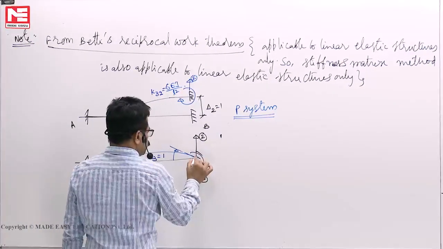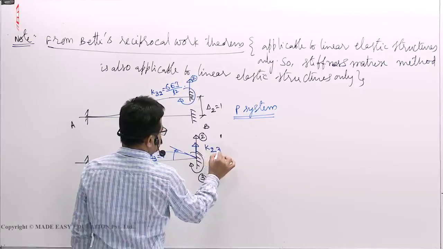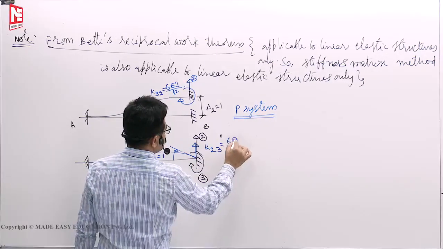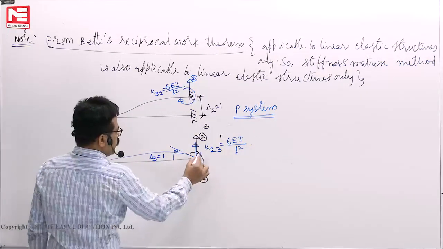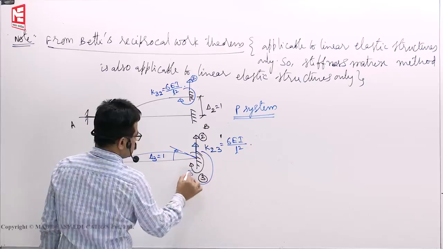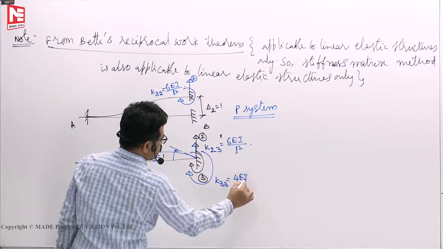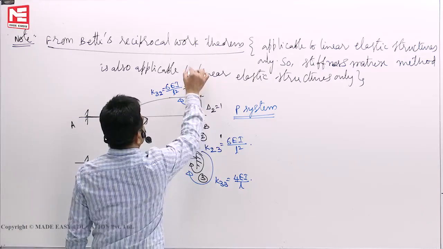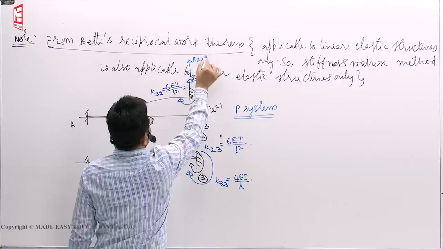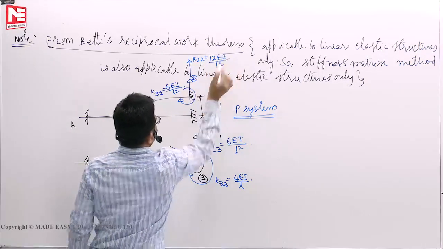Then because of that force developed here, you have calculated force at 2 because of the unit displacement, K23 is 6 EI by L square, you got it. And here force was, this is K33 we have taken, you calculated this as 4 EI by L. And here K22 also you got it, how much? 12 EI by L cube.